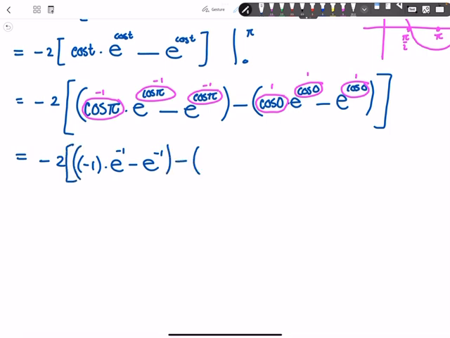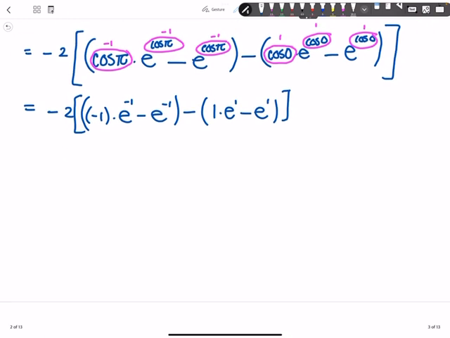Minus over here, we've got 1 times e to the power 1 minus e to the power 1. So I've got -1 times 1 over e minus 1 over e, minus e minus e.